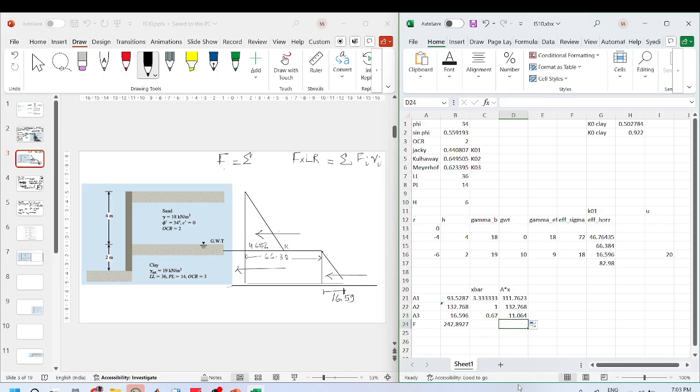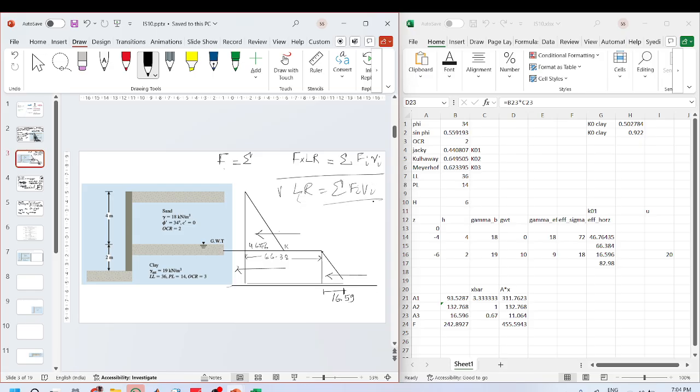And we will get our lever arm, and we will get the position of the resultant as the sum of F_i x_i over the sum of F_i.